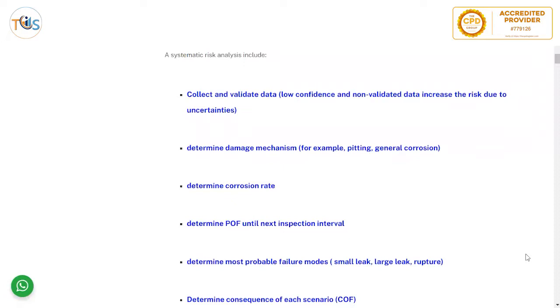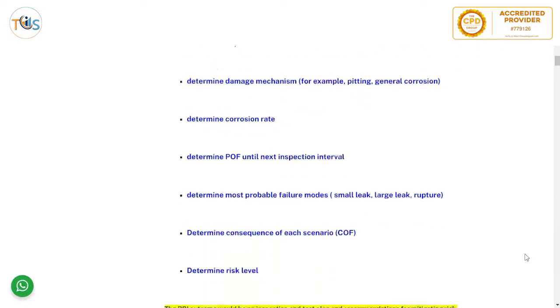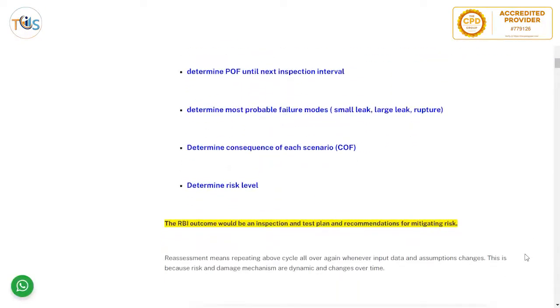Determine corrosion rate. Determine probability of failure until the next inspection interval, and determine most probable failure modes, whether it's a small leak, large leak, or rupture, and then determine the consequence of each scenario. And then finally, determine risk level.